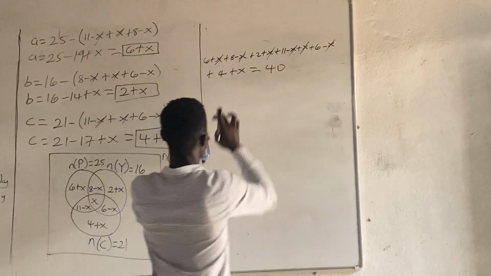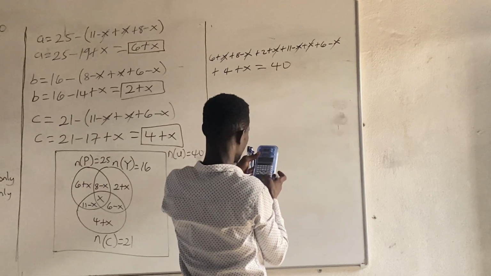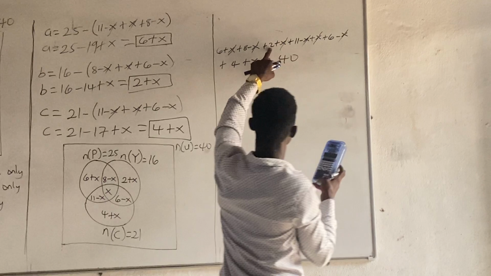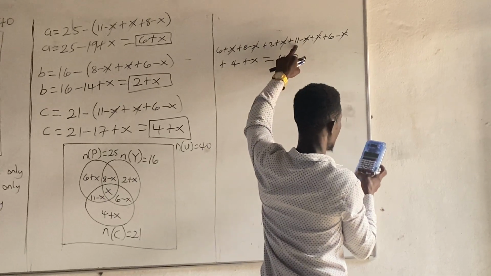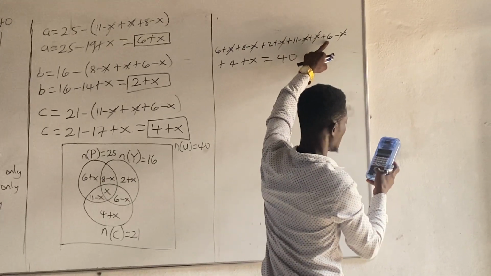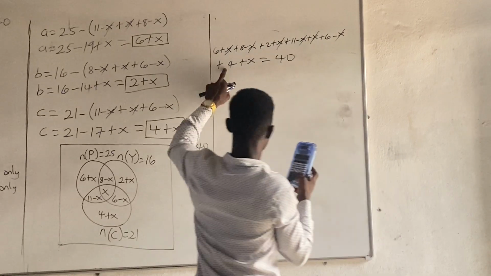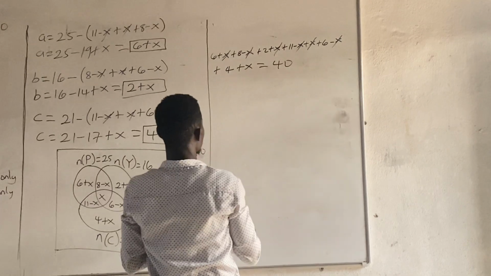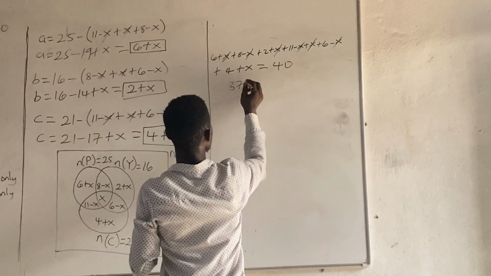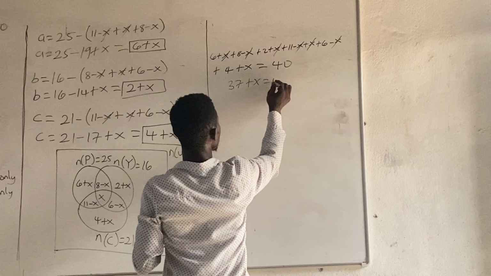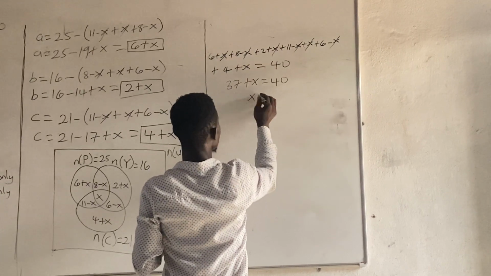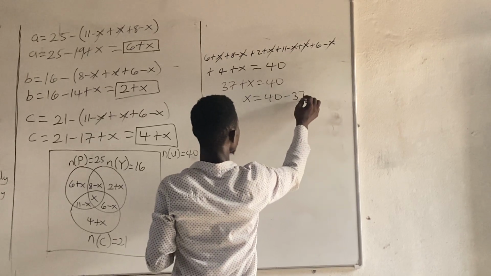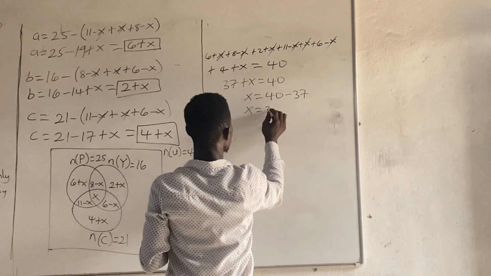You have 6 plus 8 plus 2 plus 11 plus 6 plus 4. So everything will give you 37. So you have 37 plus this x equal to 40. And then you have x equal to 40, 37 goes across, it becomes minus 37. So you have x equal to 3.